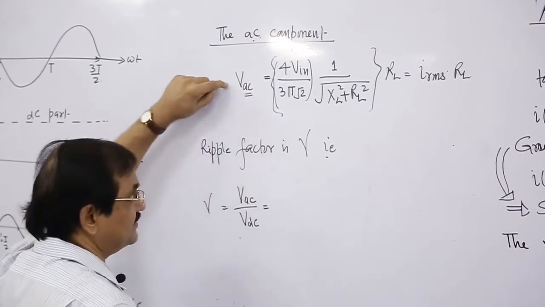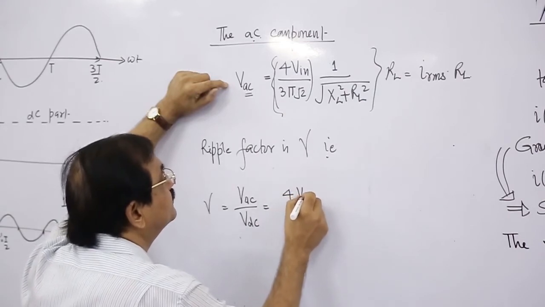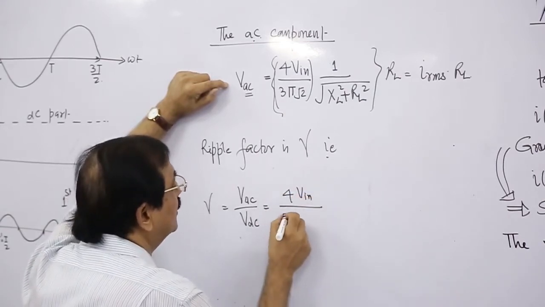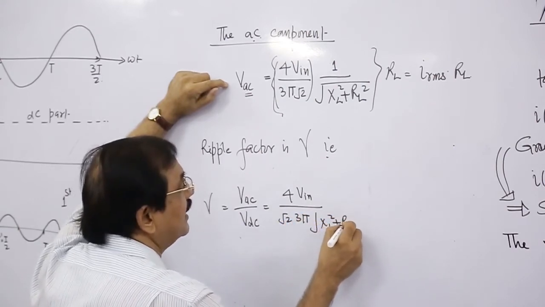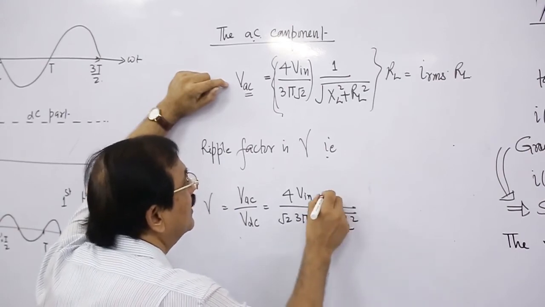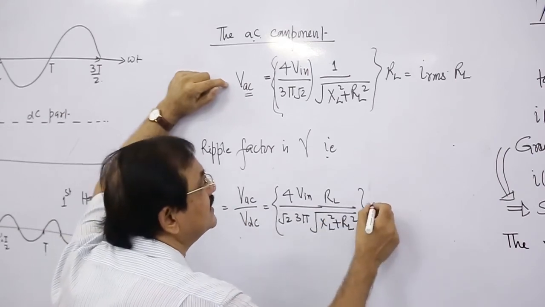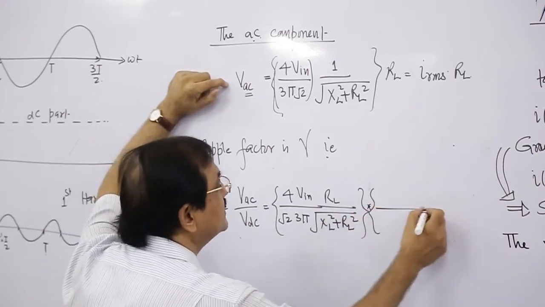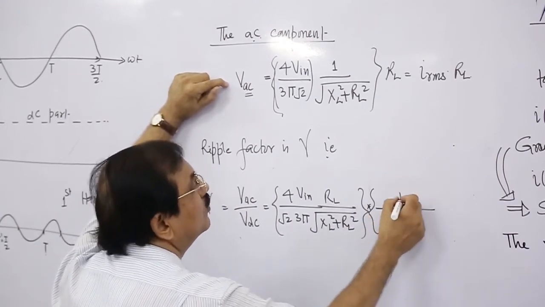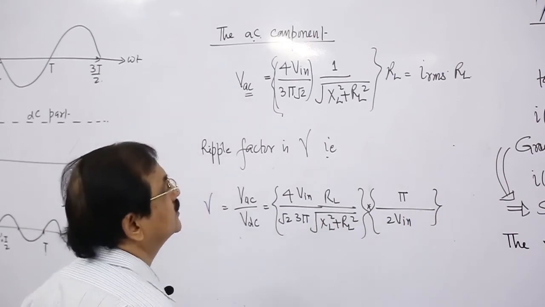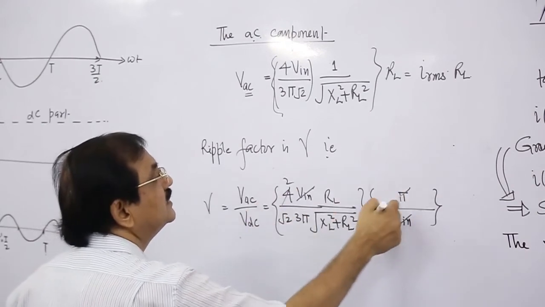VAC is something like 4 Vm upon root 2 into 3 pi, divided by the square root of XL square plus RL square, into RL. And VDC is 2 Vm over pi. So this Vm cancels, this 2 cancels, and this pi cancels.